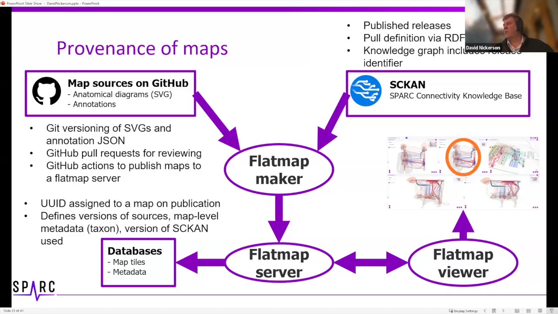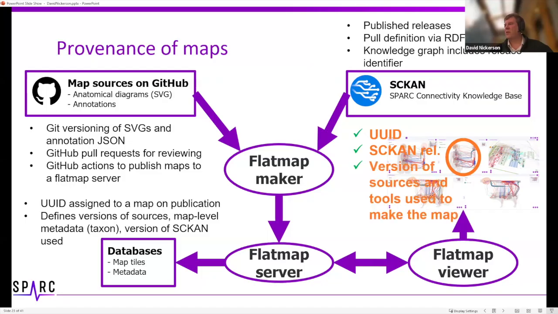On the portal, for any given map at any given version, you get that UUID, and that will then tell you exactly what version of SCAN was used when the map was generated, all the different sources that went into it, the different versions of the software that was used and things like that. So if in future you find bugs in your software, you can find the versions of the maps that were built with that software to know what particular issues they might have, for example.